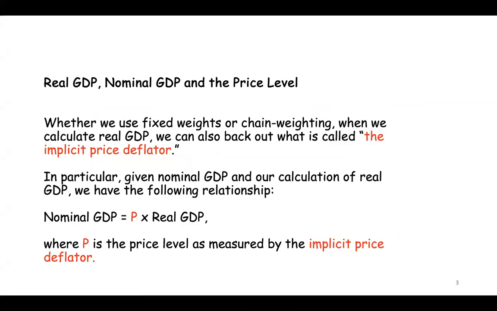So the gap between how much nominal GDP is growing and how much real GDP is growing has to be because of the growth in prices. We can define simply the ratio between nominal and real GDP as an overall measure of what's going on with prices. For example, if nominal GDP is double real GDP, then the price deflator will be equal to 2. That means that prices have roughly doubled.